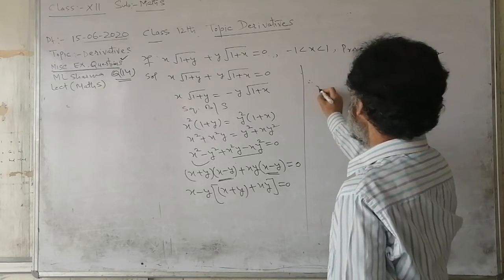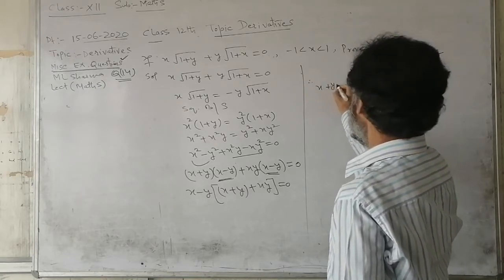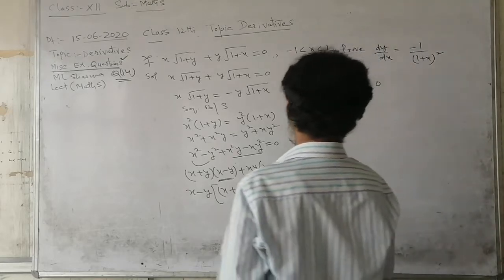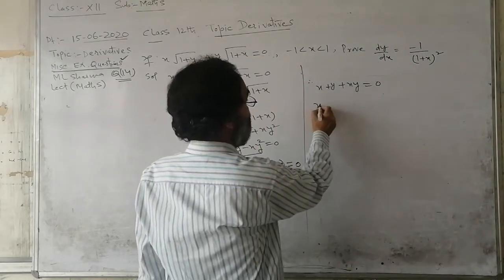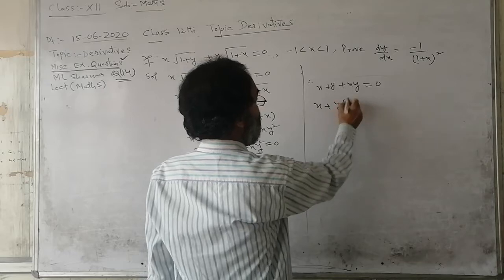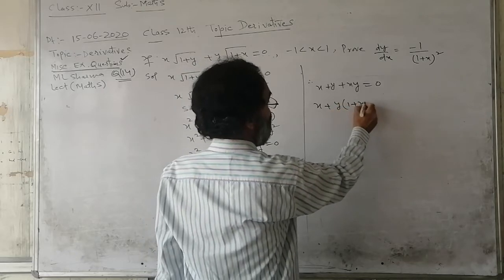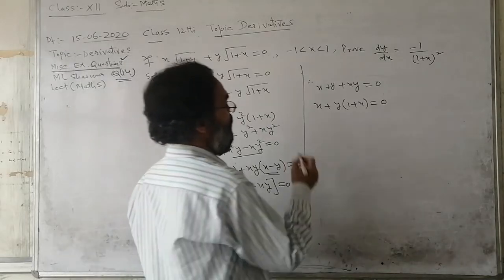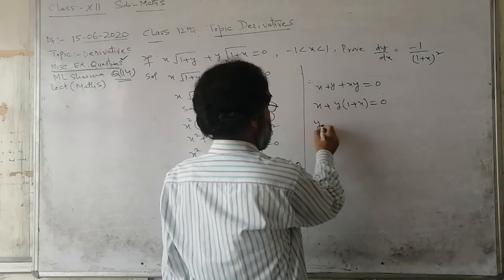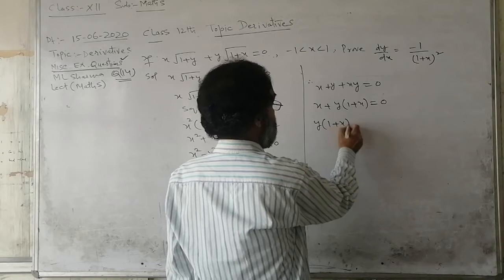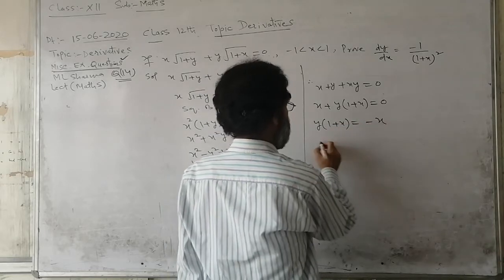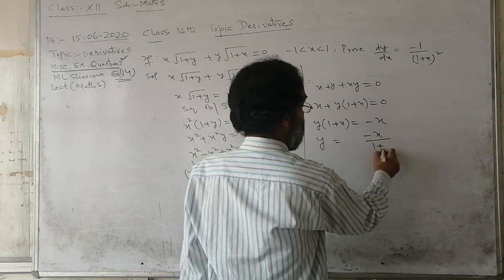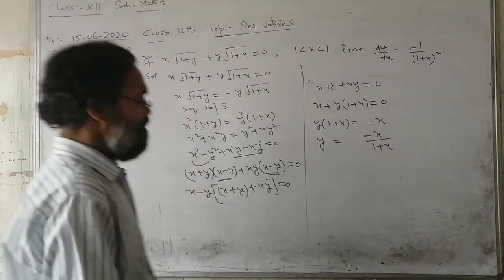So therefore x plus y plus xy equals 0. So if I take y common from here, I can say y times (1 plus x) equals minus x, or y equals minus x upon 1 plus x.